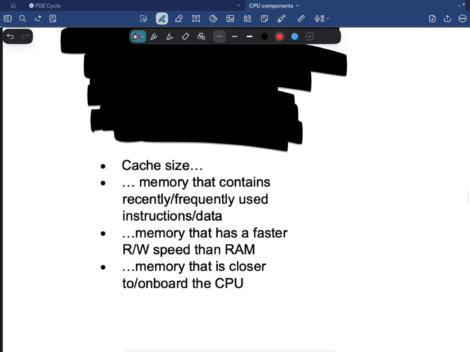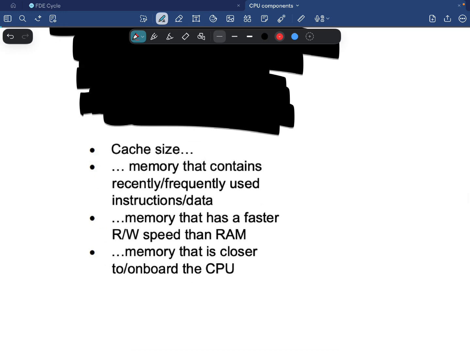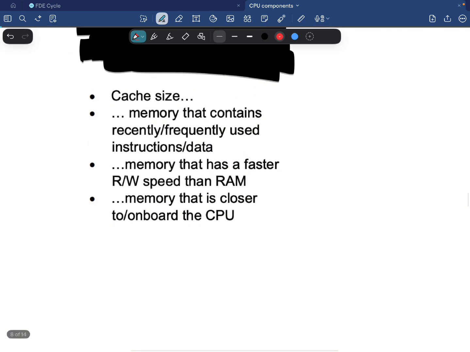Now here I've got a mock mark scheme definition of cache. So cache is essentially just memory that contains recently or frequently used instructions and data. Memory that has a faster read and write speed than RAM, and memory that is closer to or on board the CPU.